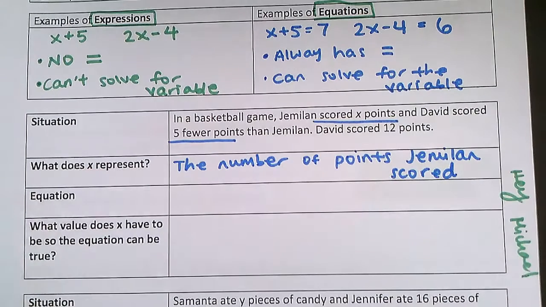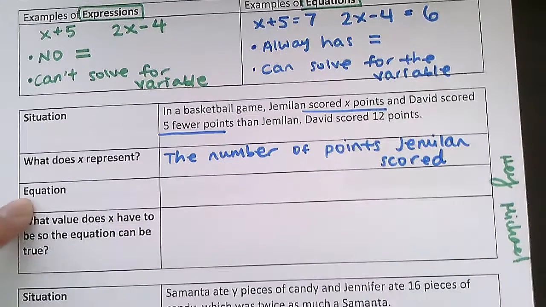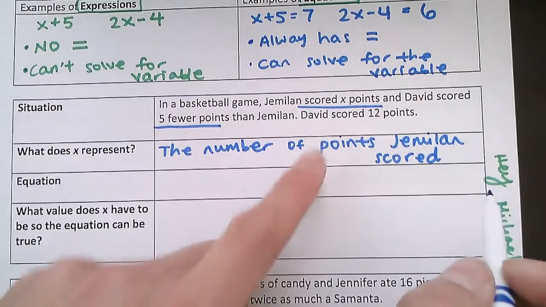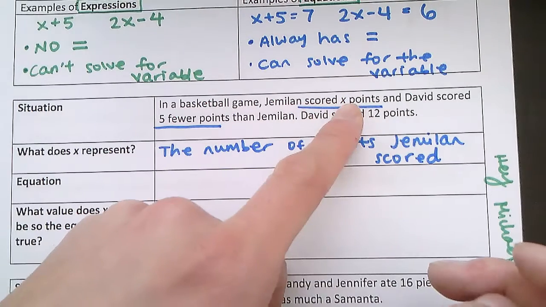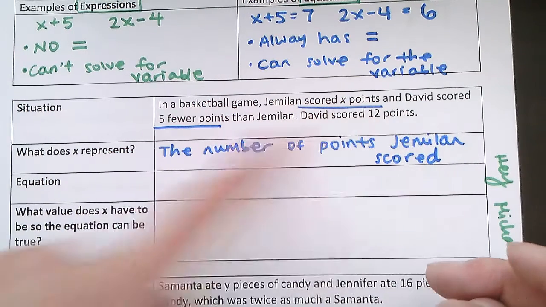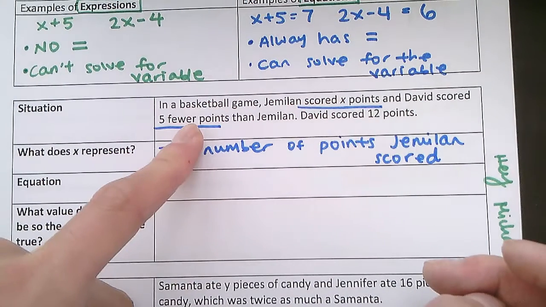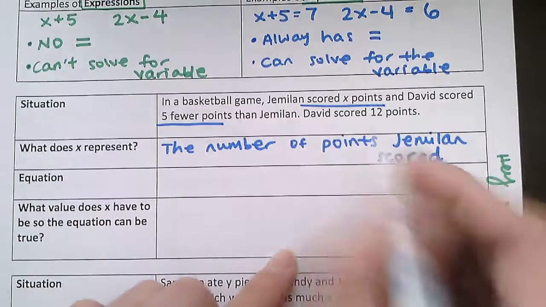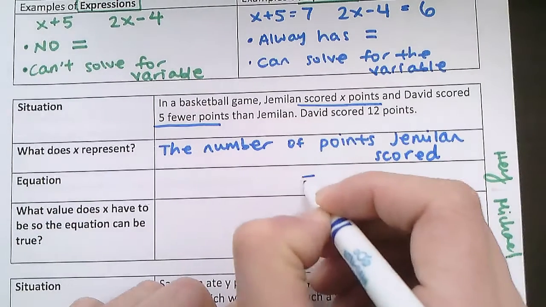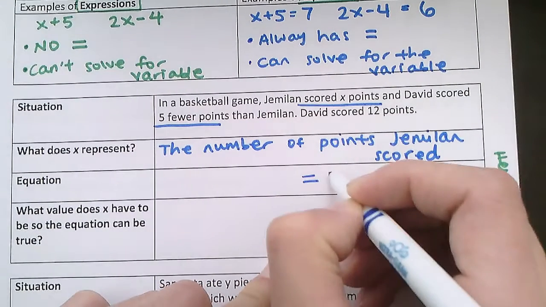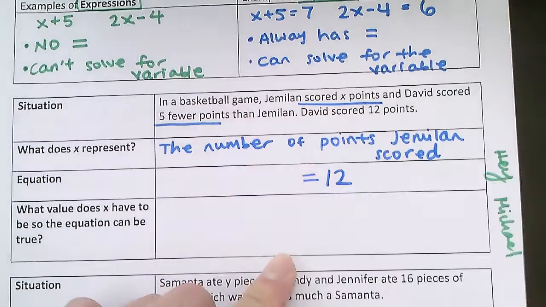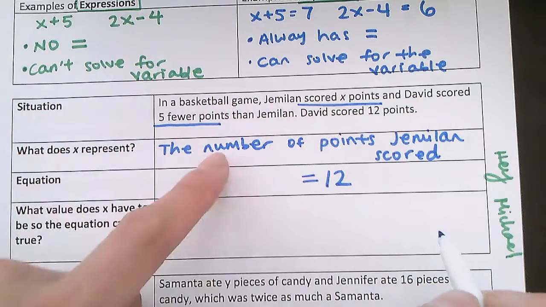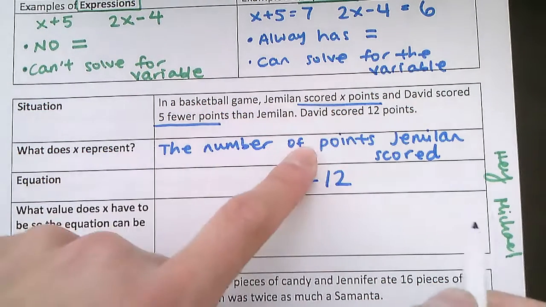Okay? And now we can start to put together our equation. If Jamilan scored X points and David scored 5 fewer points than Jamilan, and we know that David scored altogether 12 points, and that it was 5 fewer than Jamilan. We know that X represents the number of points that Jamilan scored.